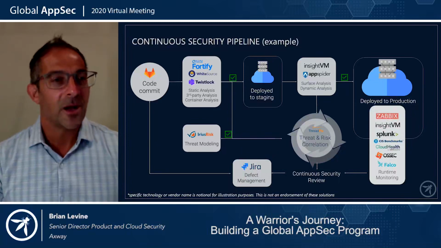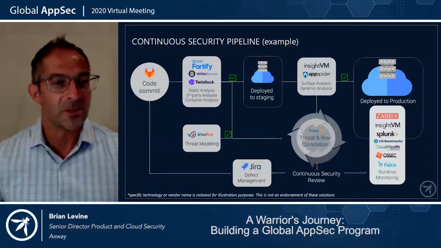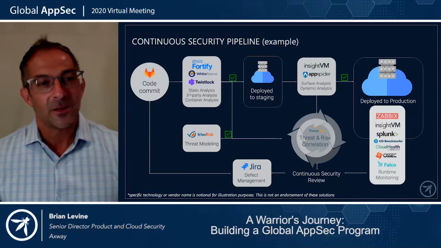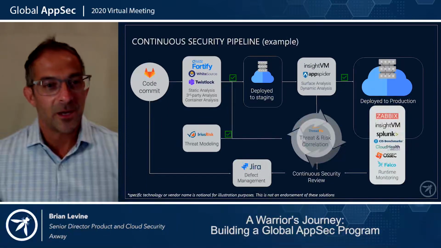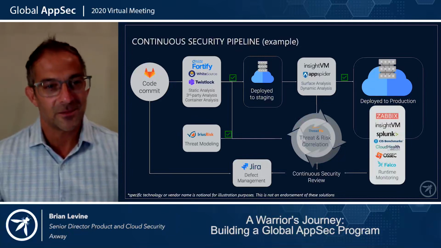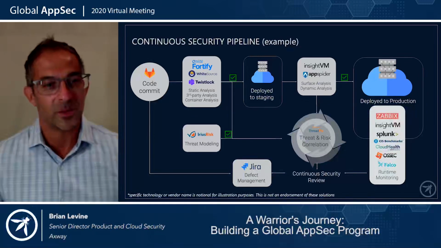But in this example, you can see that security tests are done before deploying to staging. Once we deploy to stage, we run the dynamic testing and surface analysis testing. If it passes those tests, then we can deploy to production.